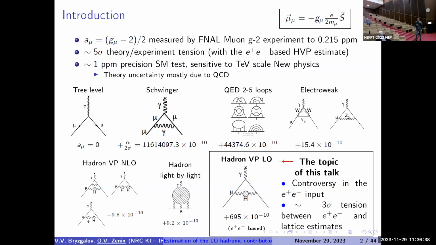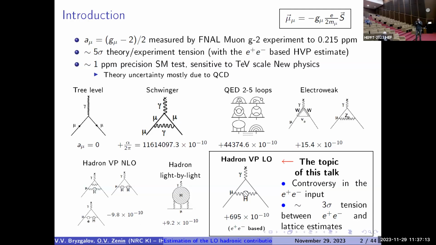Also it should be noted that in recent years there was remarkable progress in lattice QCD calculations of hadronic vacuum polarization. The accuracy was improved and it became comparable to what we get using the dispersion integral. But this is definitely beyond the scope of this talk. So we concentrate only on our dispersive estimate.